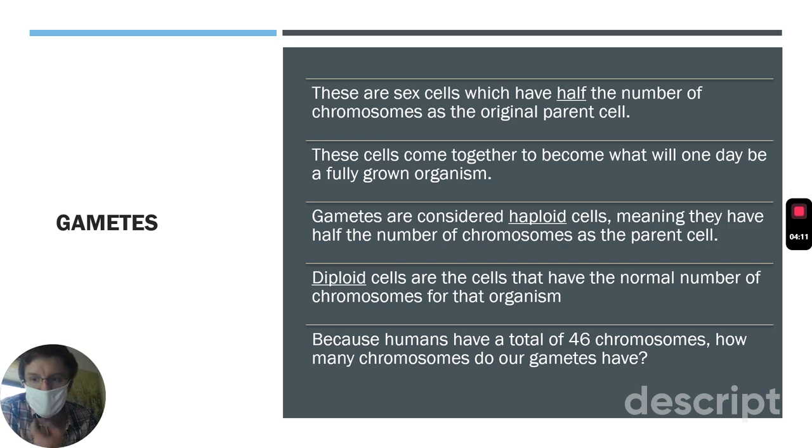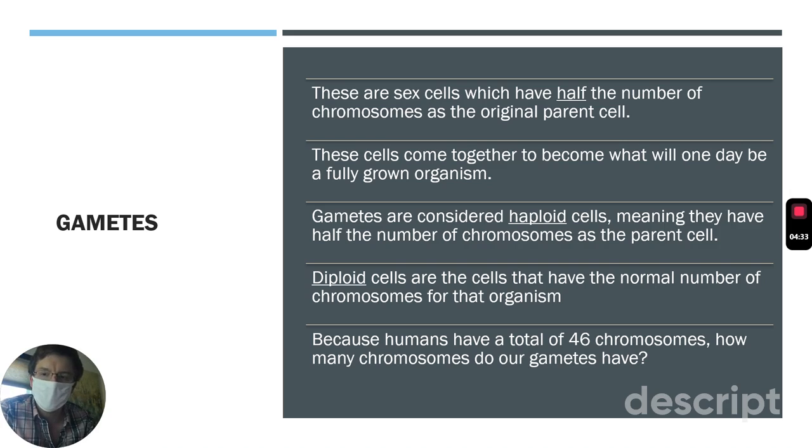Diploid cells have the normal amount, okay? So a diploid cell has the full set, okay? So we've got haploid, which is half the amount. Diploid has just the normal amount, okay? So humans have 46 chromosomes. So how many chromosomes do our gametes have?